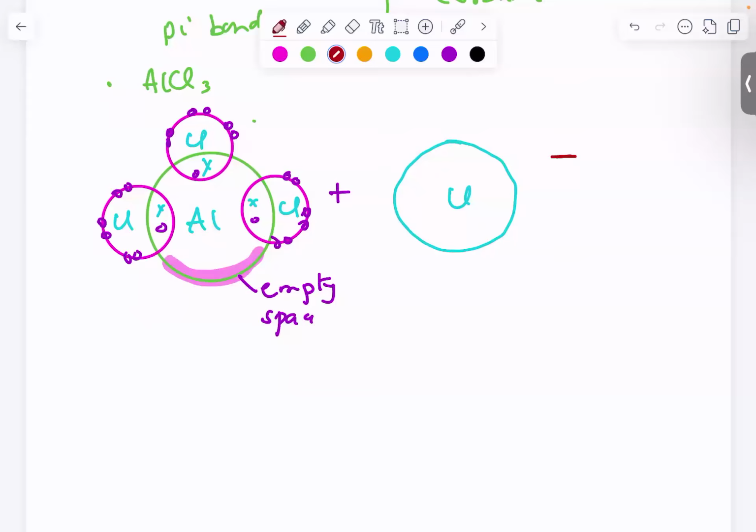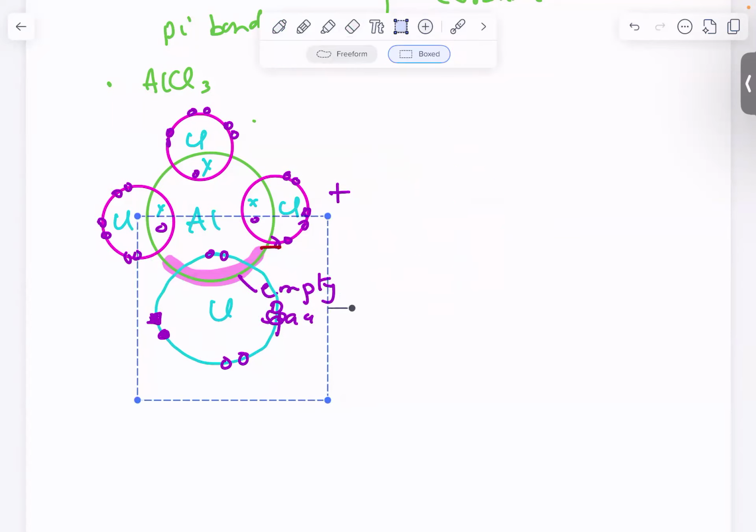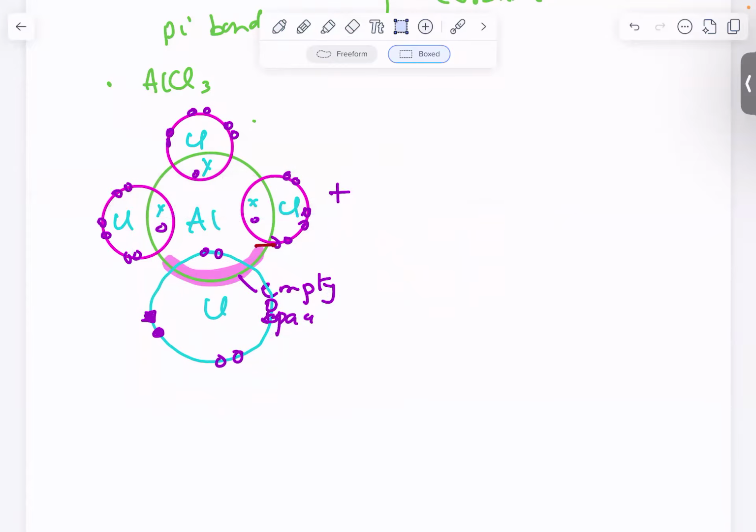I'm going to make it with purple: one, two, three, four, five, six, seven, and this is the gained electron. Now have a look.